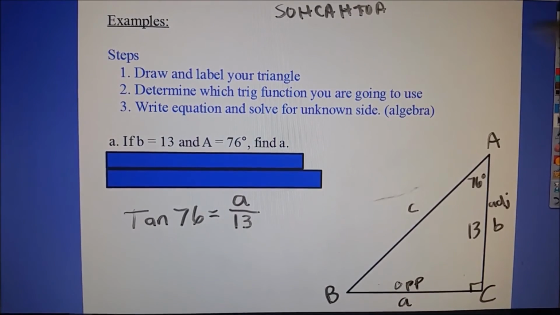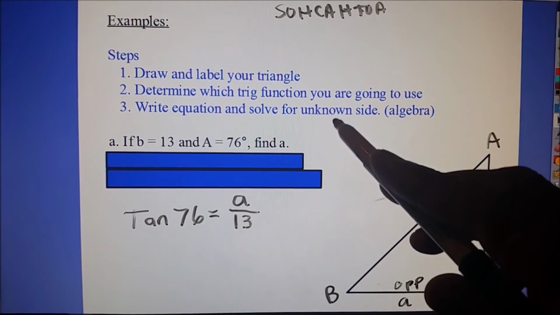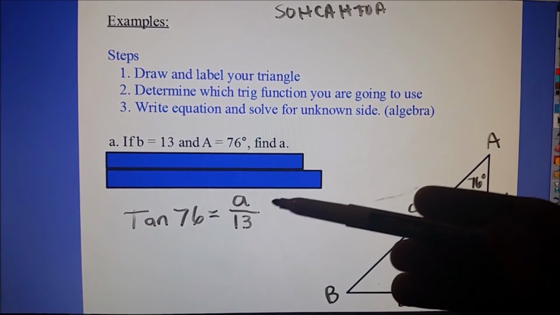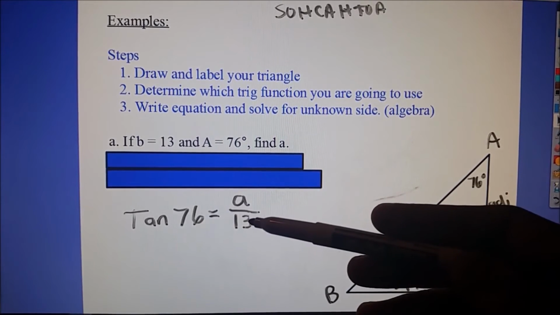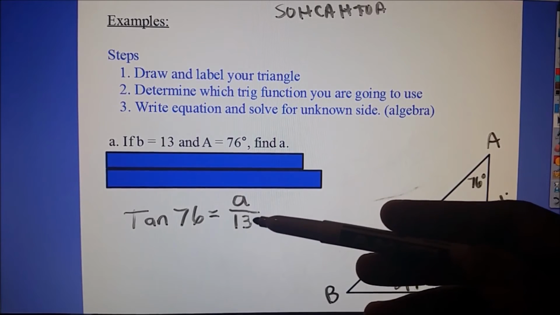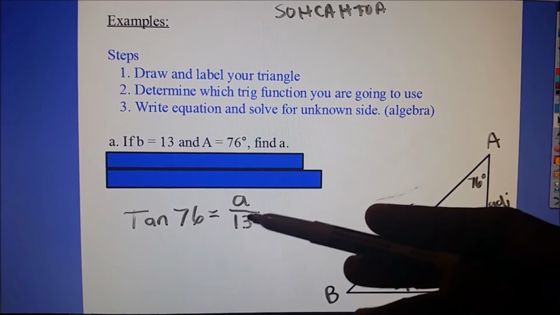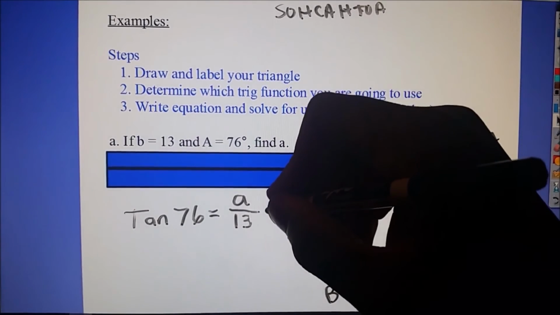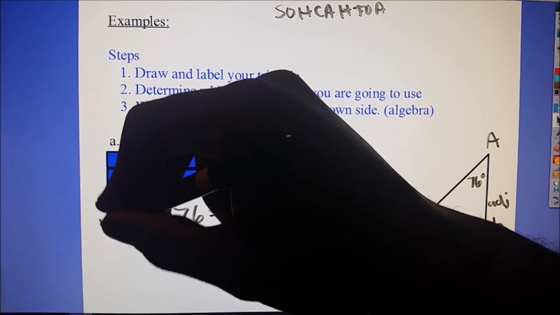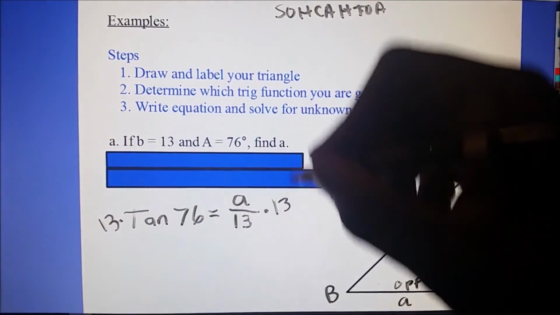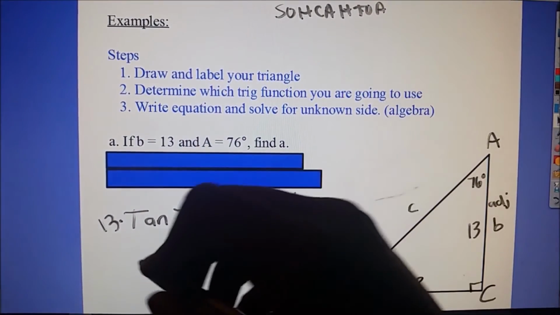Okay? So write the equation, solve for the unknown side. Algebra, you got to solve for your variable. So in order to get rid of this 13, we have to do the opposite, which is multiply by 13. So times by 13, times by 13. These cross out.